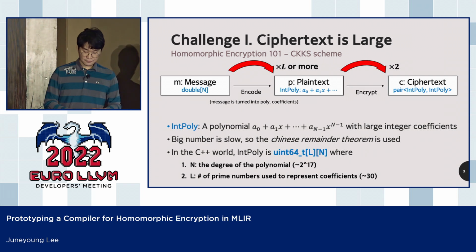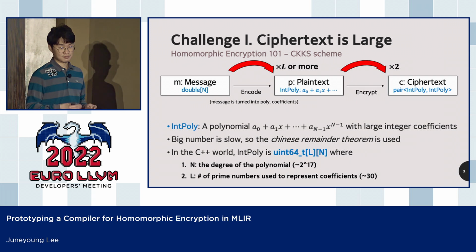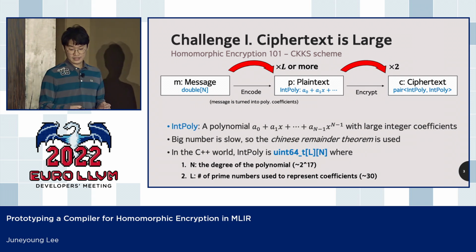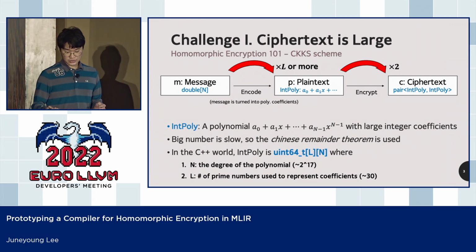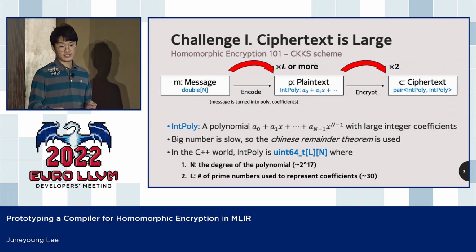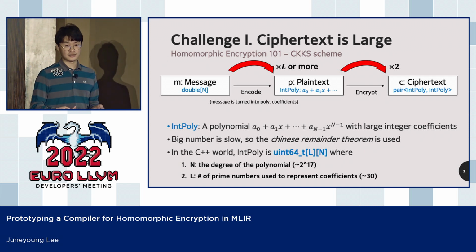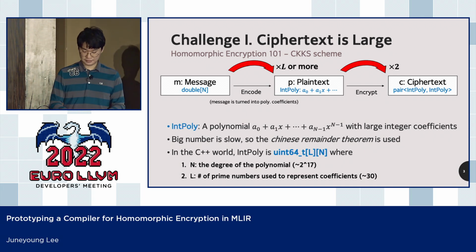Therefore, if the packing is done efficiently so that the size of the message, which is n, is equivalent to the degree of the polynomial, at least a factor of L is multiplied. And after encrypting into the ciphertext, 2 is multiplied again. Therefore, even if the message is optimally encrypted into ciphertext, the size increases about 60 times.